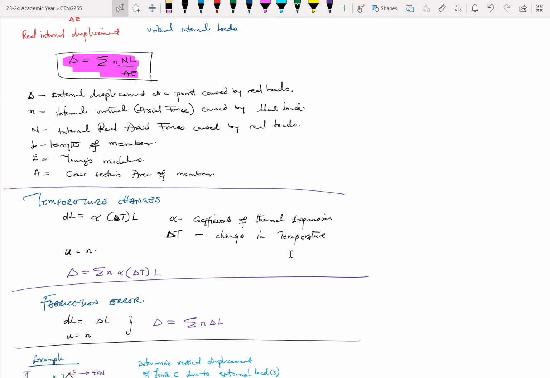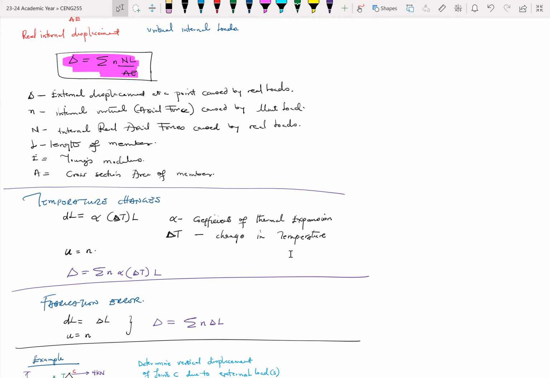The other one would be when there are temperature changes. Temperature changes can lead to different joints on a truss being displaced.